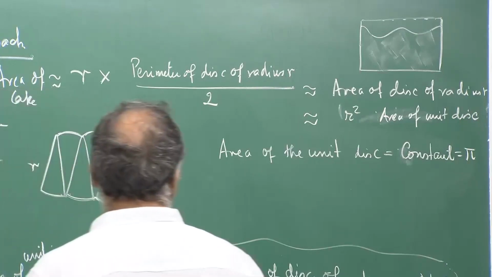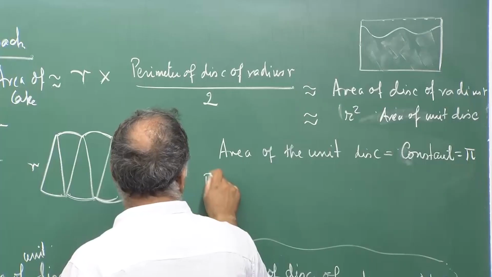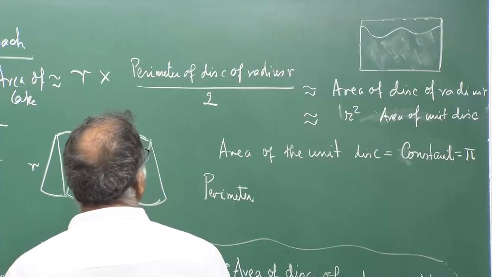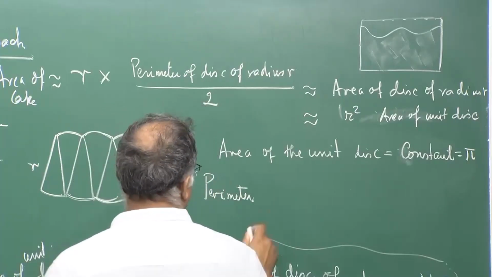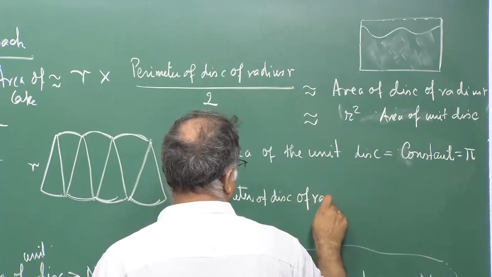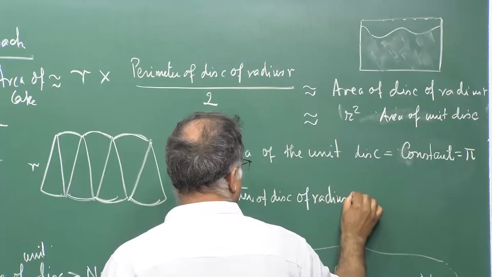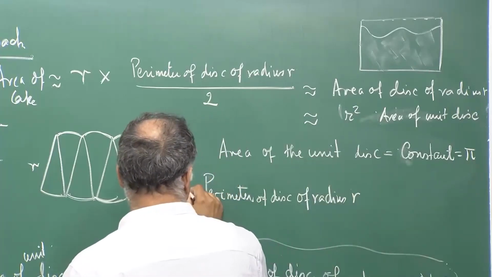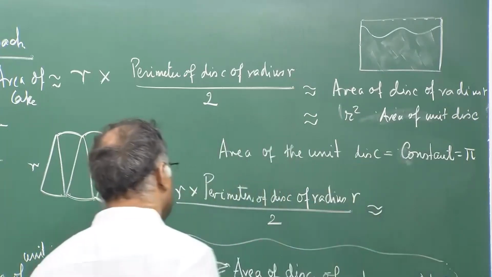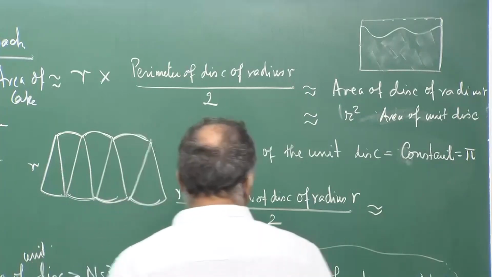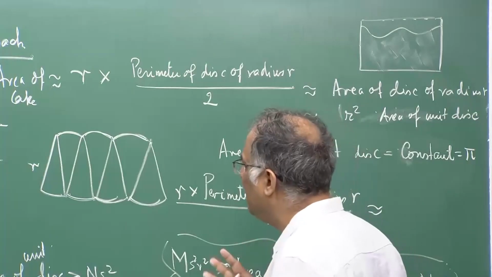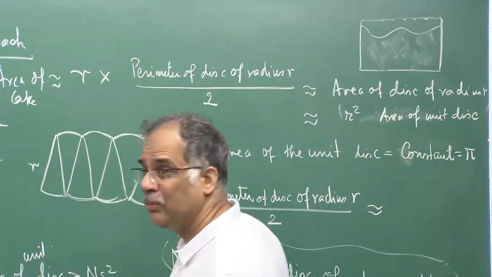So what does it mean? It shows that the perimeter of the disk of radius r into r by 2 is equal to, as you do better and better approximation, in the limit this gets better and better, because as you make this thing smaller and smaller, the approximations become better.